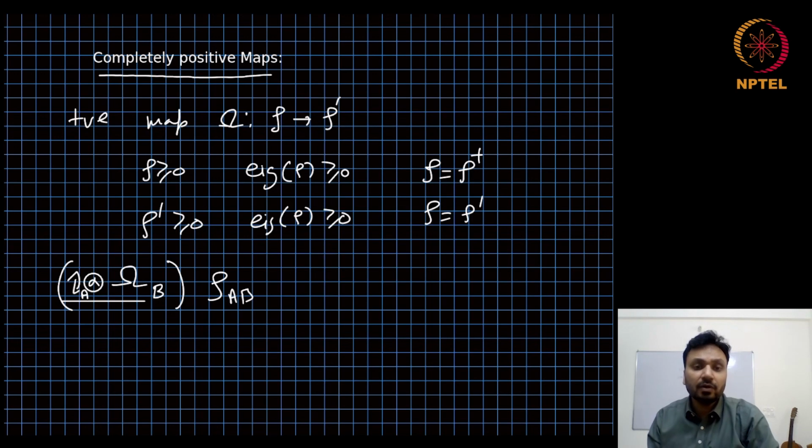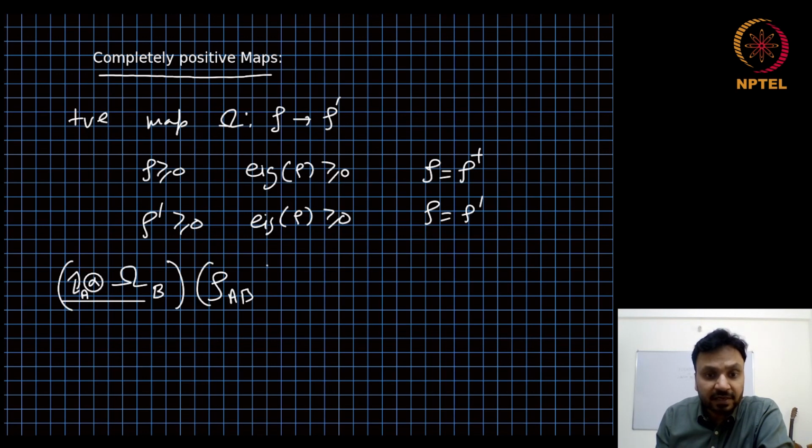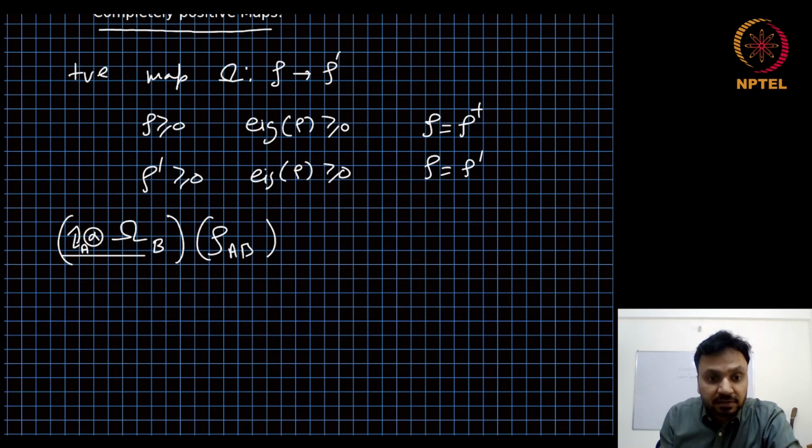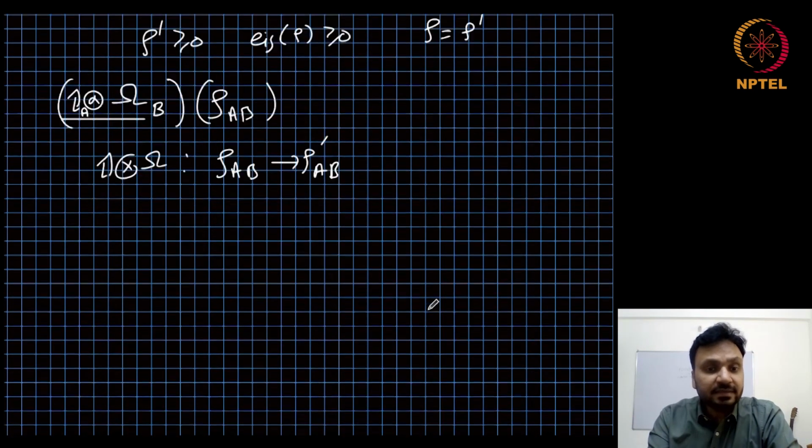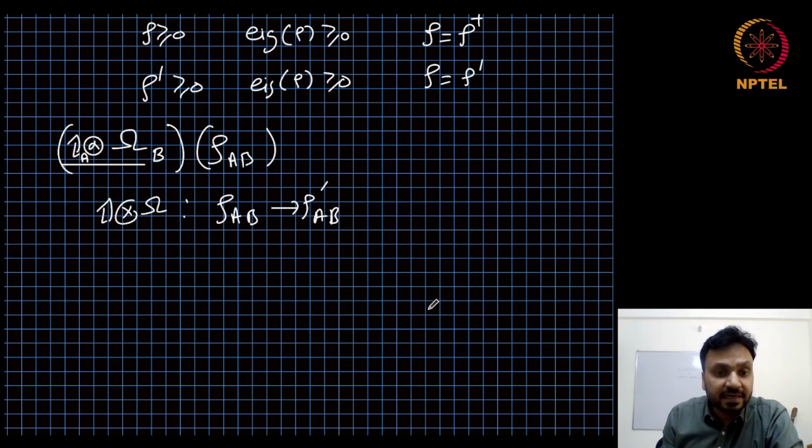It's a state of a bipartite system, of a composite system. So what will happen if we do that? Will it still be a positive map? So will omega still map positive operators to positive operators? So the question is, if identity tensor omega maps rho AB to rho AB prime, some other state of the same subsystem. To see that, let us take an example.